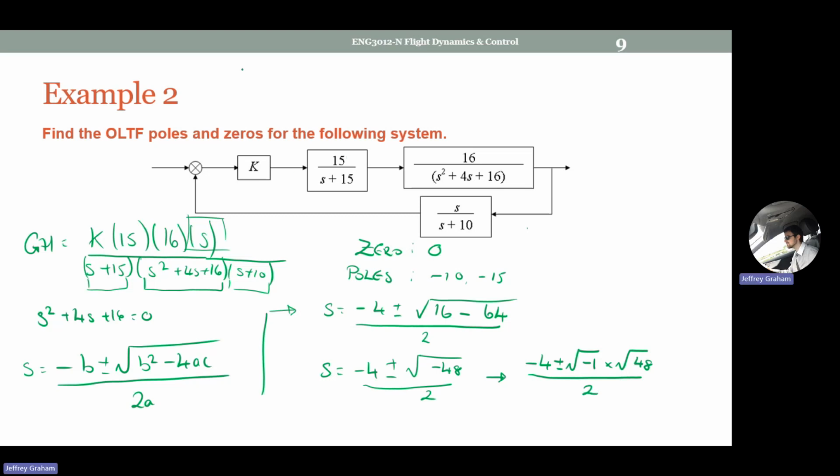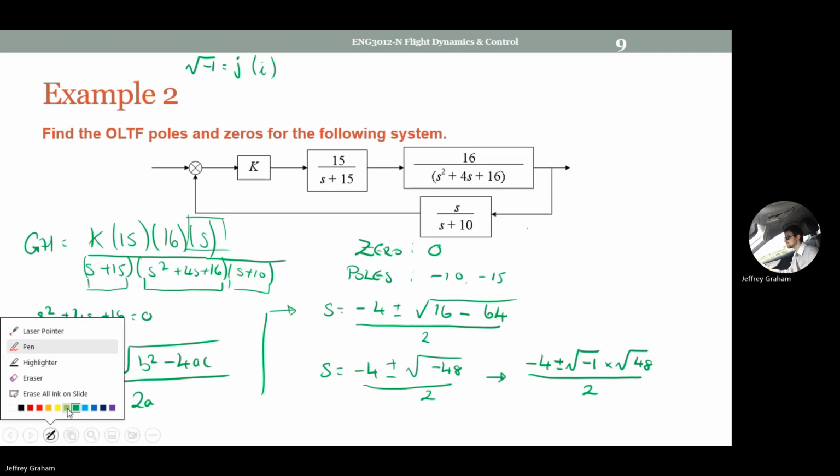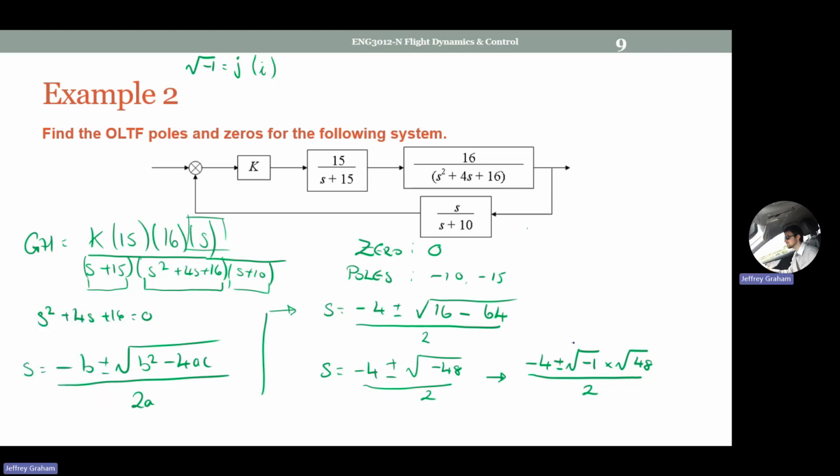If you've not met this before, I will go through it later in this session, but for now, all you need to know in this instance is the square root of minus 1 is abbreviated to J in engineering or I in mathematics. So this section is going to become J. This section, I'm going to break it down into something else.